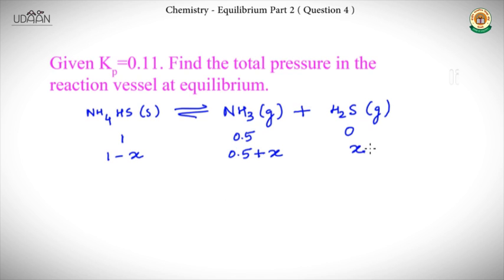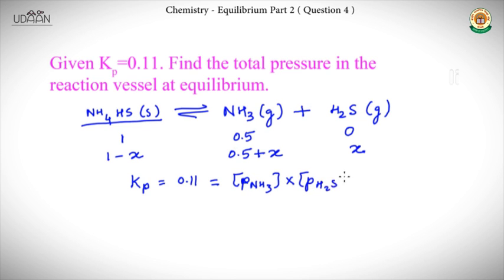Now we need to keep in mind that solids are not included in the expression of Kp or Kc. So we're given Kp to be 0.11, and we know the expression for Kp for this reaction will be partial pressure of NH3 into partial pressure of H2S. Solids are not included.